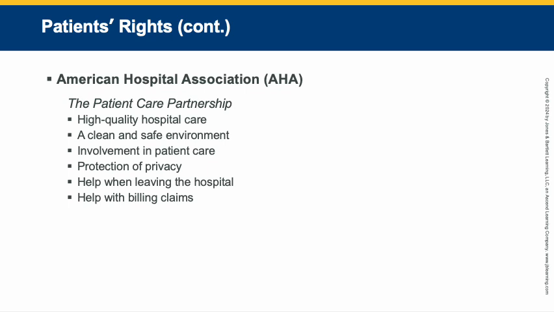It states that the first priority of all healthcare professionals, including phlebotomists, is to provide high-quality patient care in a clean and safe environment, while also maintaining the patient's personal rights and dignity by being sensitive to differences in culture, race, religion, gender, and age.